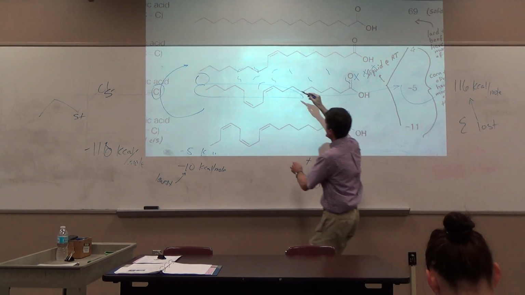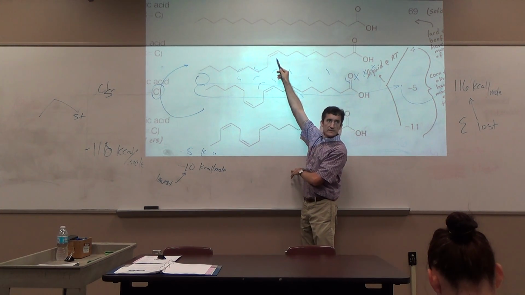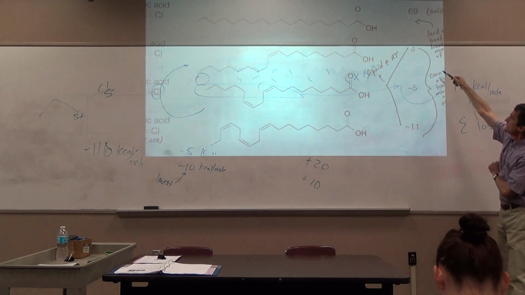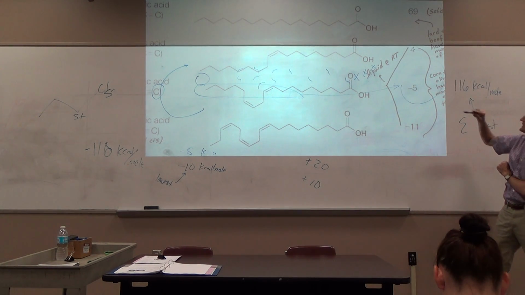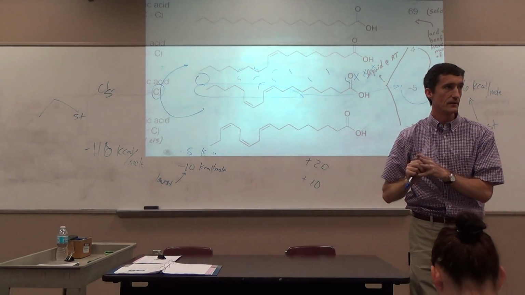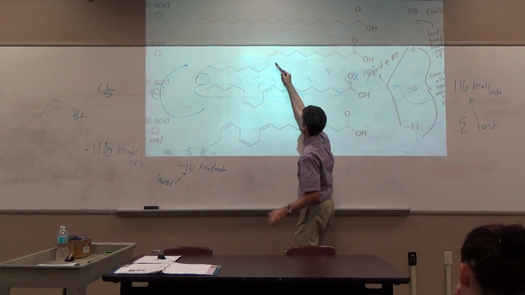If we can put one double bond in there, now it's monounsaturated. What does that do to the melting point? It really lowers it. Now this is a liquid at room temperature, like olive oil, not like Crisco. Olive oil, liquid at room temperature. Why does this make it a liquid when we put in one double bond?